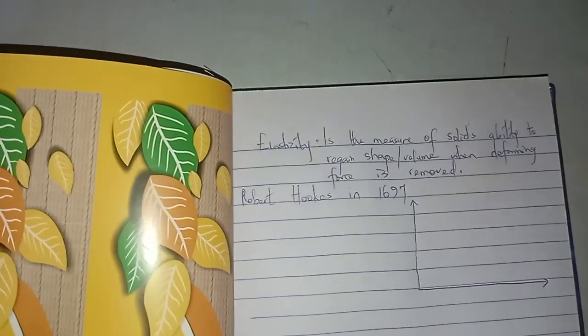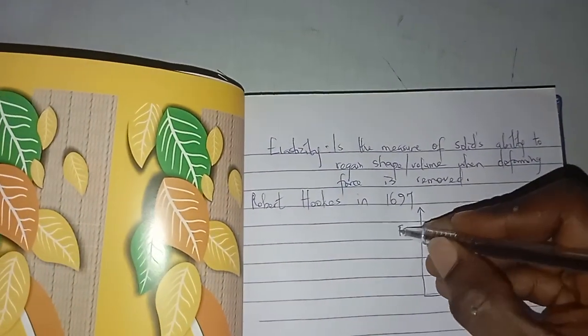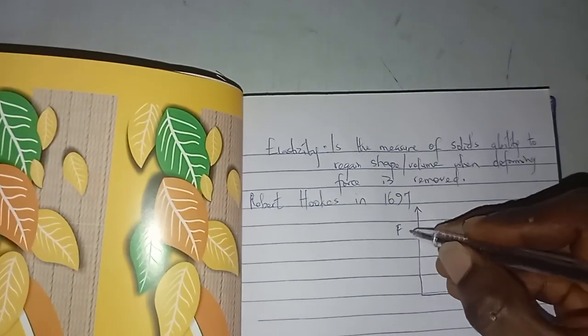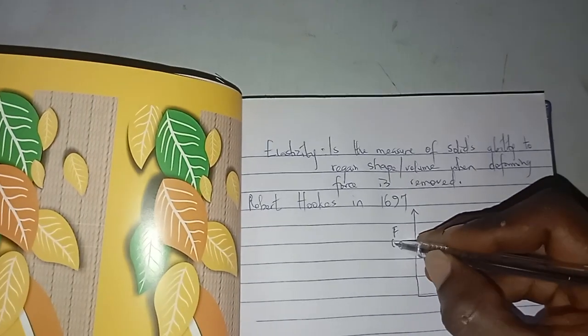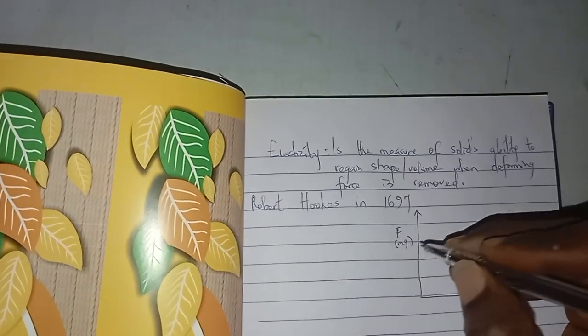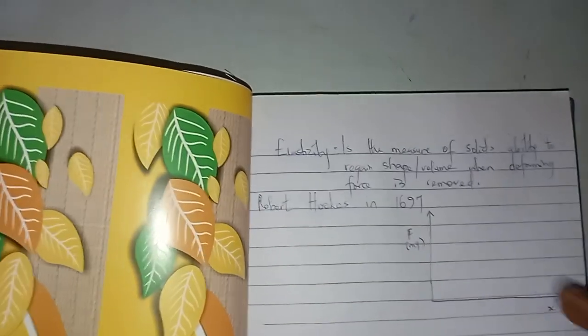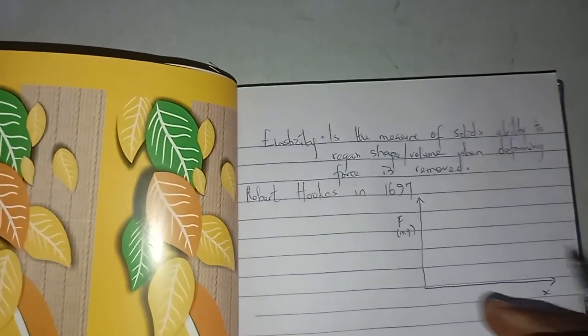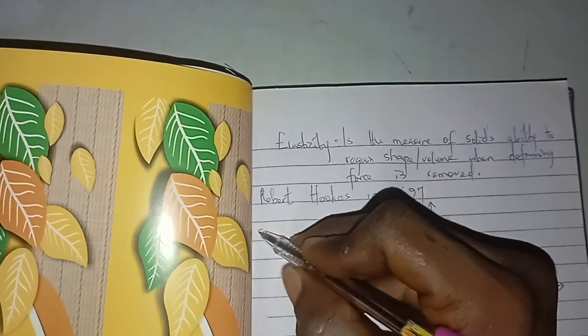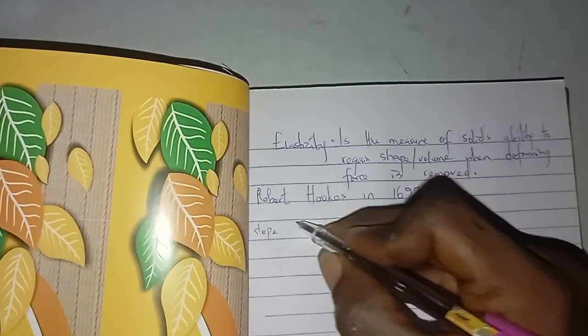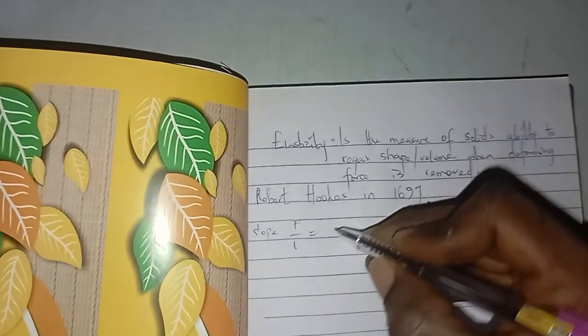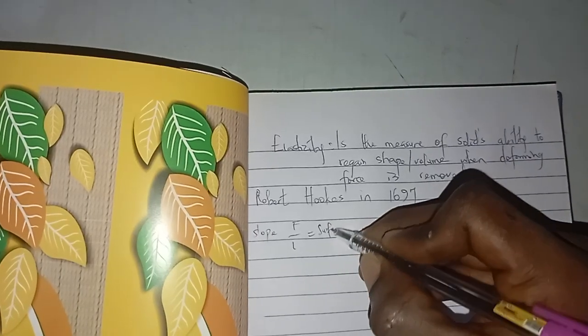And he said that whenever force, sometimes you see it as force, and you know that force is mg, so sometimes you can also see it as m against extension, or you see force against L. The slope of Robert Hooke's graph is force over length, and force over length is the same thing as surface tension.